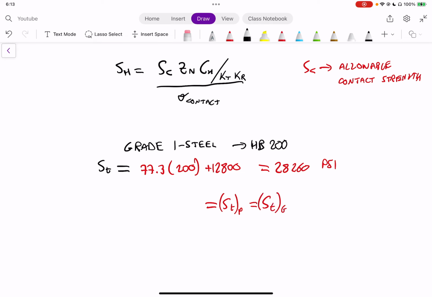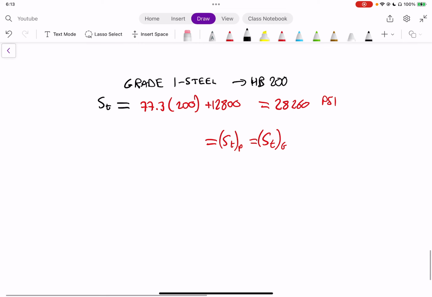Okay, so then the next step we need to do is find the Y sub N value. The Y sub N value is a stress life factor. The stress life factor is a correction factor for the amount of cycles that a gear should go through in its life.